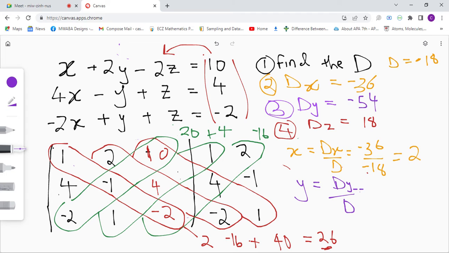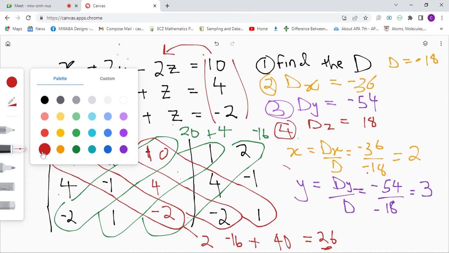So we're going to say that this equals negative 54 divided by 18. Oh, I always forget, this is negative 18. Negative 54 divided by negative 18, that's positive 3. All right.